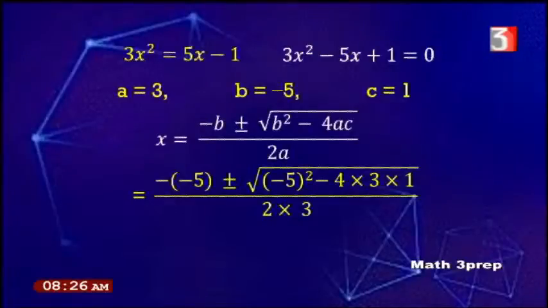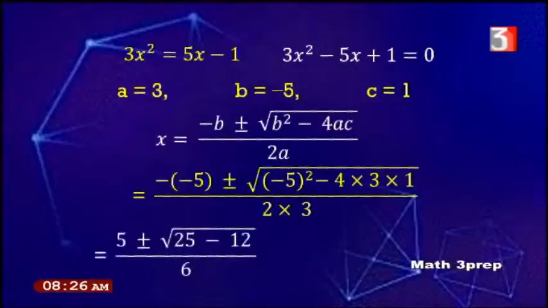So it is 4 times 3 times 1. Over 2a, it means 2 times a, which is 2 times 3, which is equal to 5 positive or negative square root of 25 minus 12 over 6. So it is 5 positive or negative root 13 over 6.